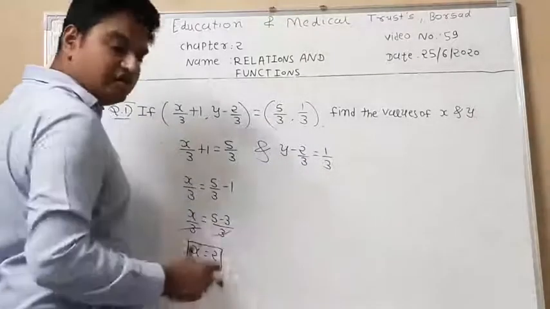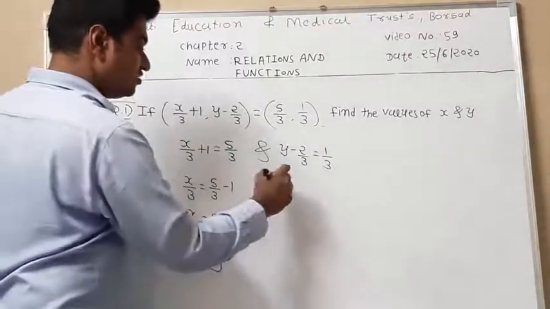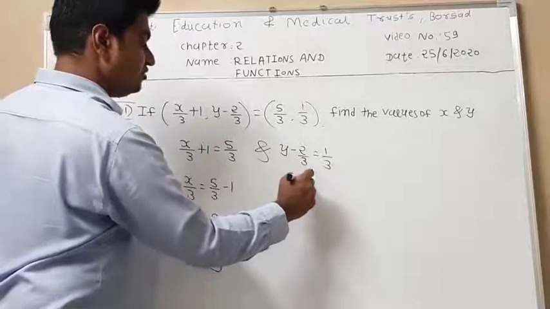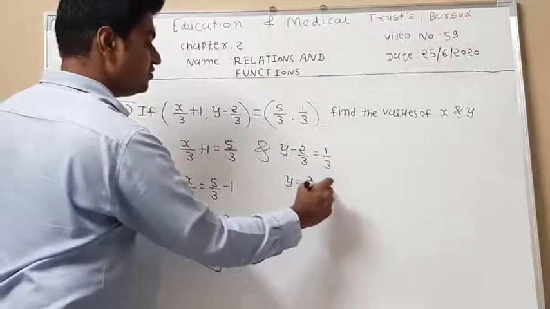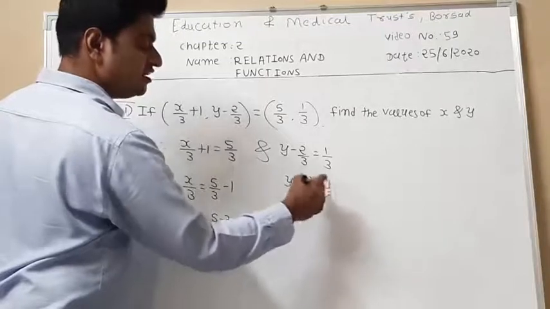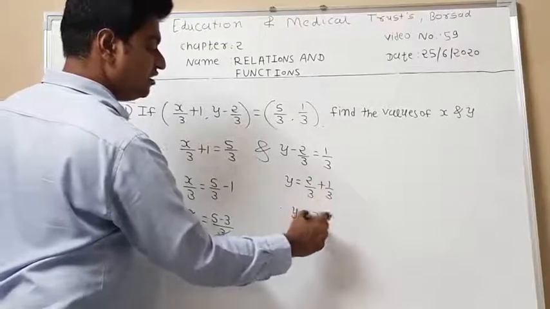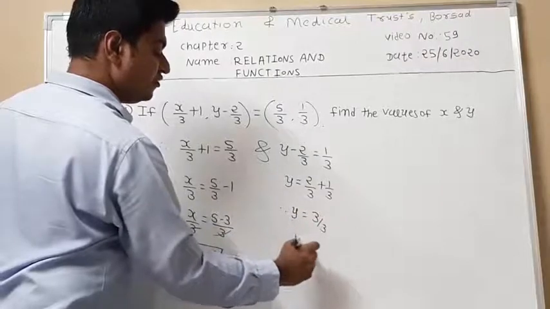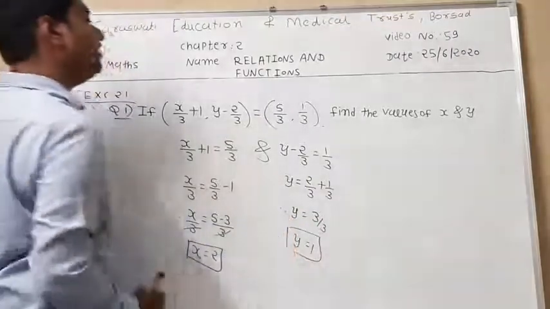In the same way, -2/3 goes to the opposite side, so y = 2/3 + 1/3. So y = 3/3, that means the value of y is equal to 1.